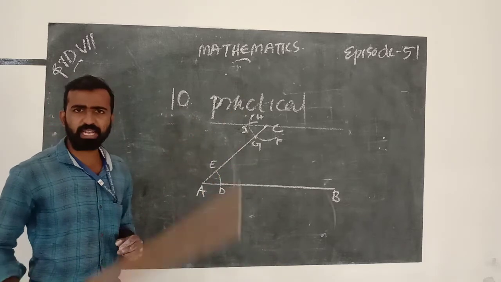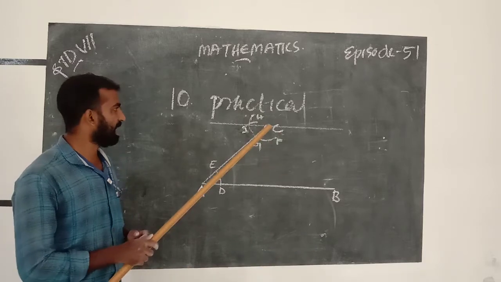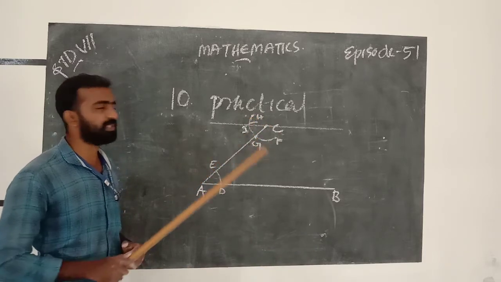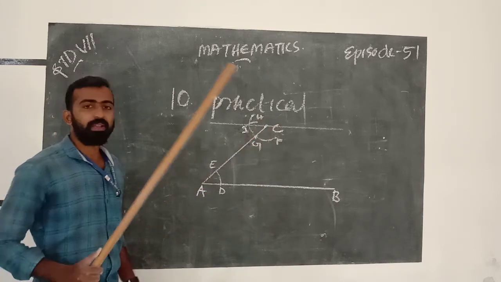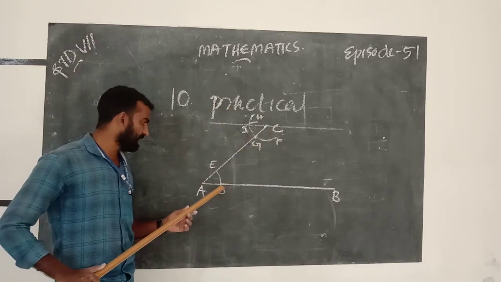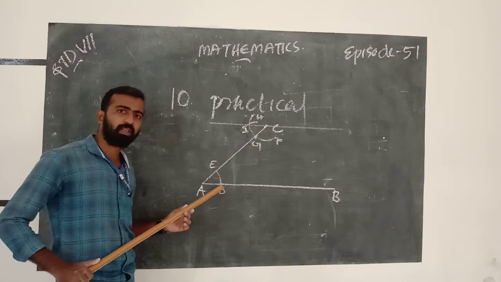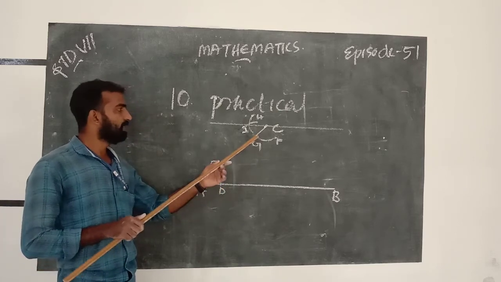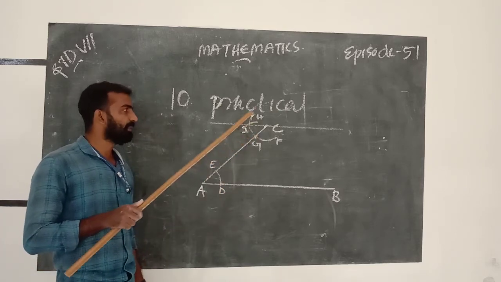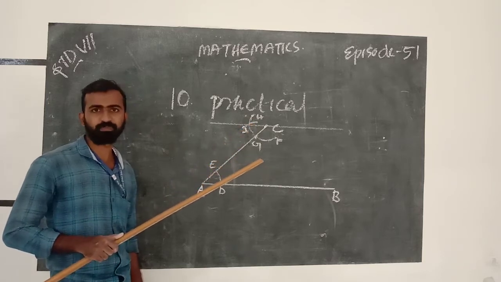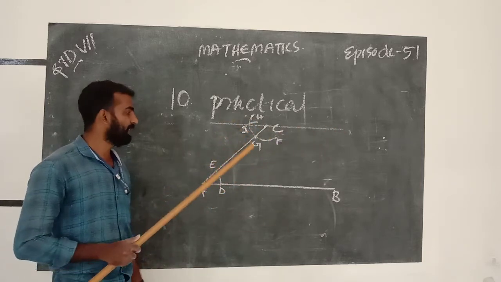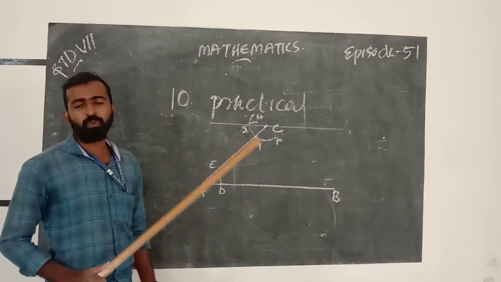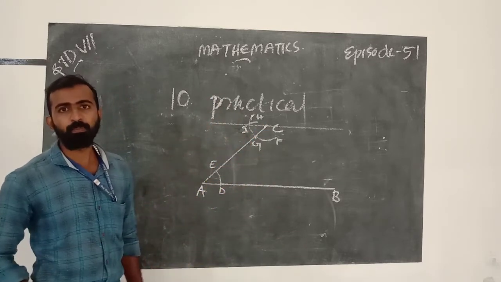Then without changing that measure, we take another arc from center C. Then we measure the arc length and make the intersection at G. Then we join this line, and we get a line parallel to AB.